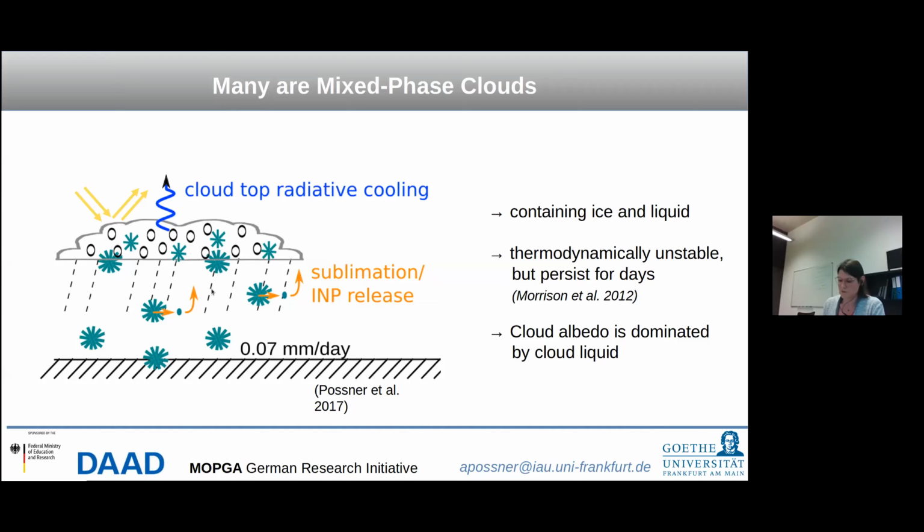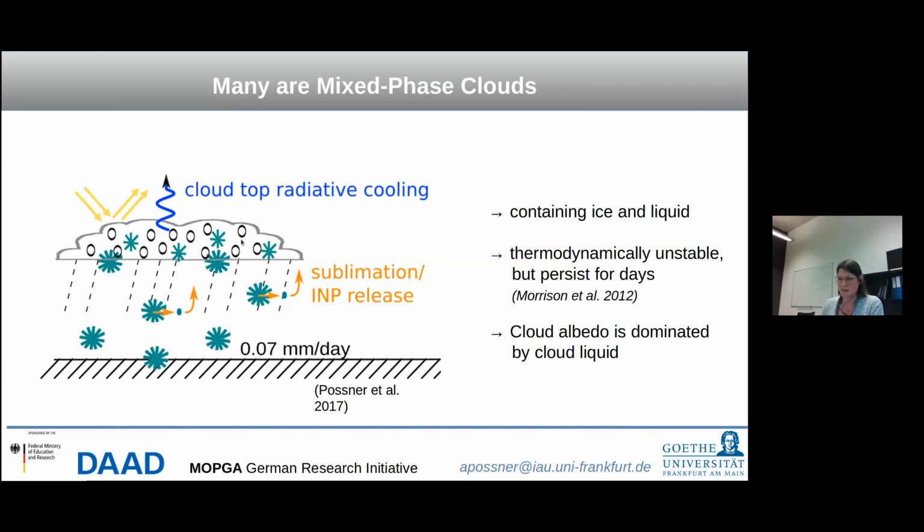And that drives an important feedback on the dynamics of these clouds, because as they evaporate and sublimate, they cool the subcloud environment, which then organizes and favors other updraft regions to occur for the stratocumulus cloud to stay alive.